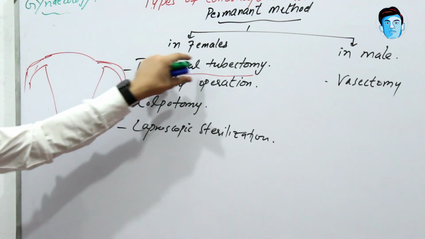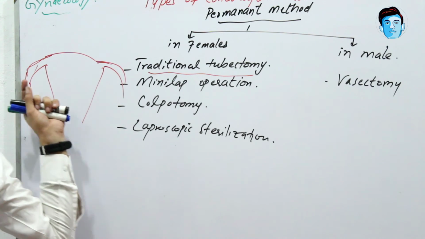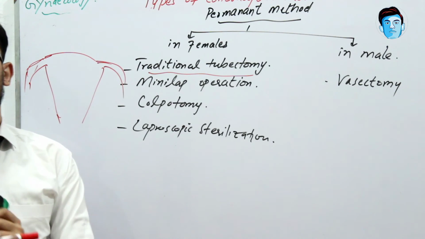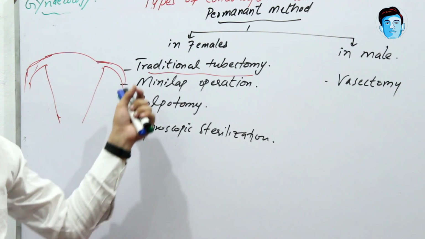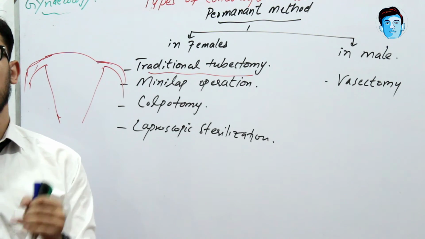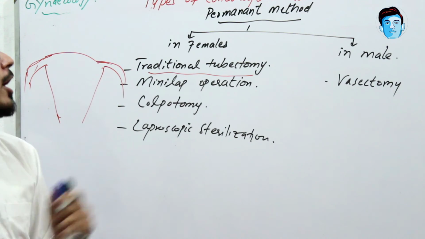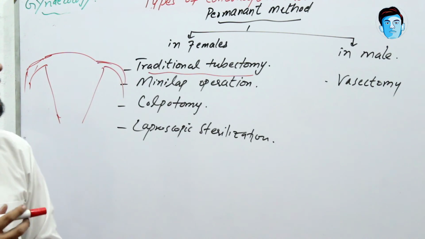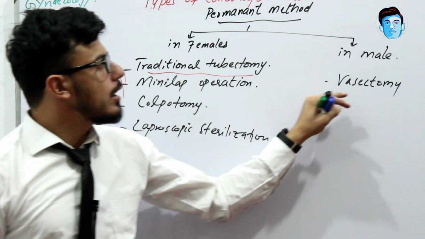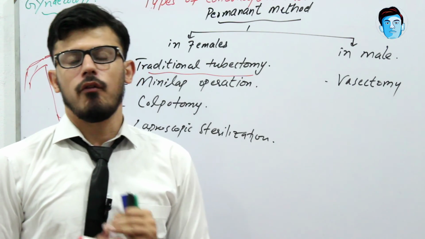In tubectomy we remove and ligate a portion of the fallopian tube. It is done under mini laparoscopy or laparoscopy, which involves 2 holes, or 2 to 4 holes.